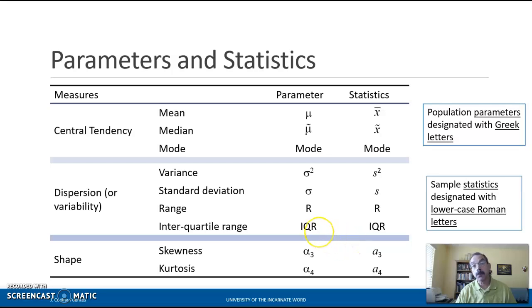For the parameter, so that's the skewness of the population, we will use alpha 3. And the skewness of the sample, we will use the letter A sub 3. And if we talk about kurtosis, we use alpha 4, and that's for the kurtosis of the population. If you're referring to the kurtosis of the sample, then we use A sub 4.